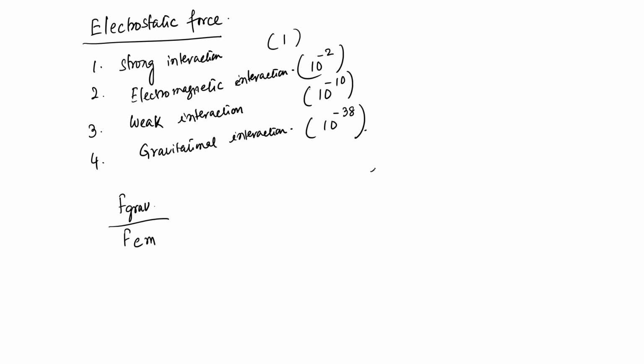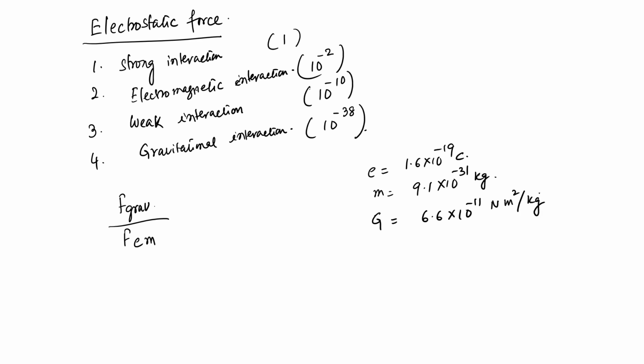So, we have the electronic charge equal to 1.6 times 10 to the power minus 19 Coulomb, mass equal to 9.1 times 10 to the power minus 31 kg, and we have given this 1 over 4 pi epsilon 0 in the last slide. The gravitational constant has a value of 6.6 times 10 to the power minus 11 Newton meter square per kg square.